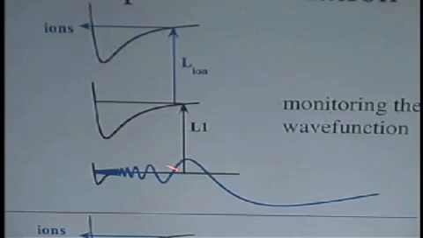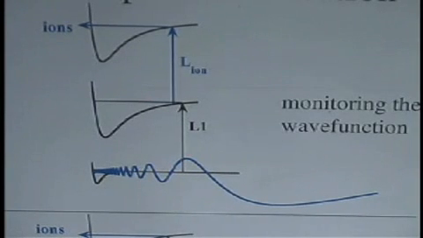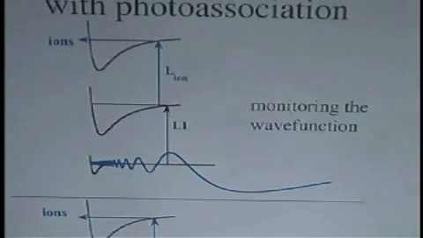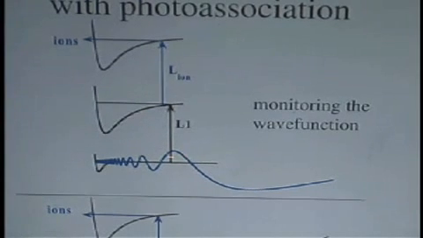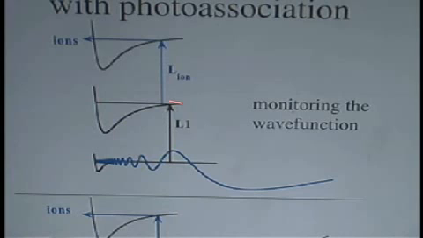And this is an optical Feshbach resonance, as I just said, but we're going to ignore that, and just say these lasers are weak and fixed, and all they do is provide us with a monitor of the overlap of this excited state wave function with this ground state scattering wave function. So it's really just sampling what the scattering wave function looks like at the outer turning point of this excited state wave function.